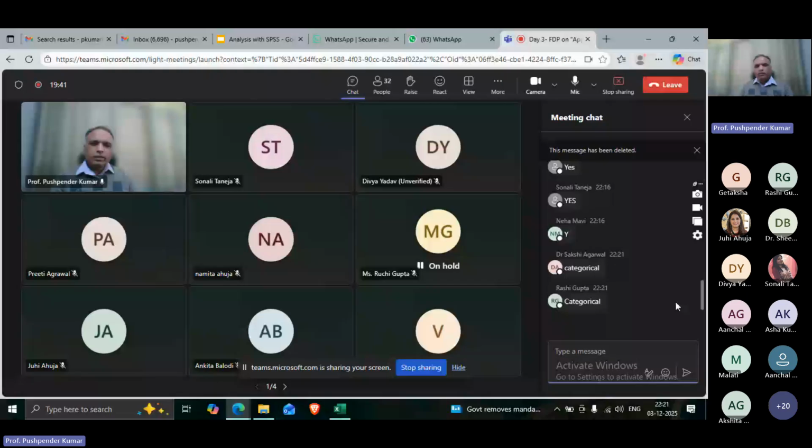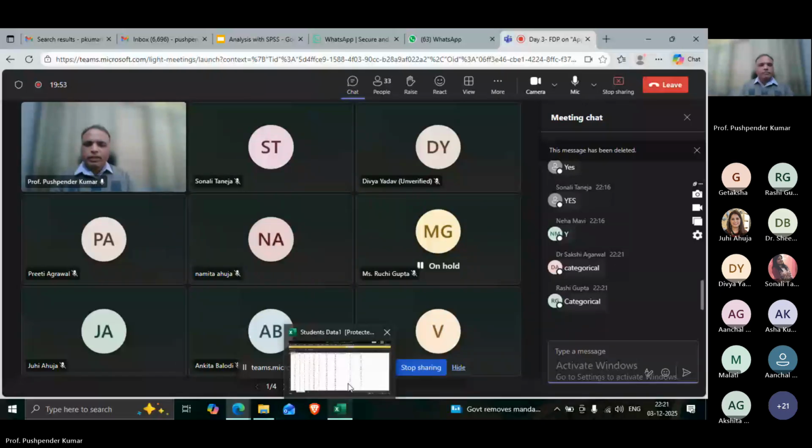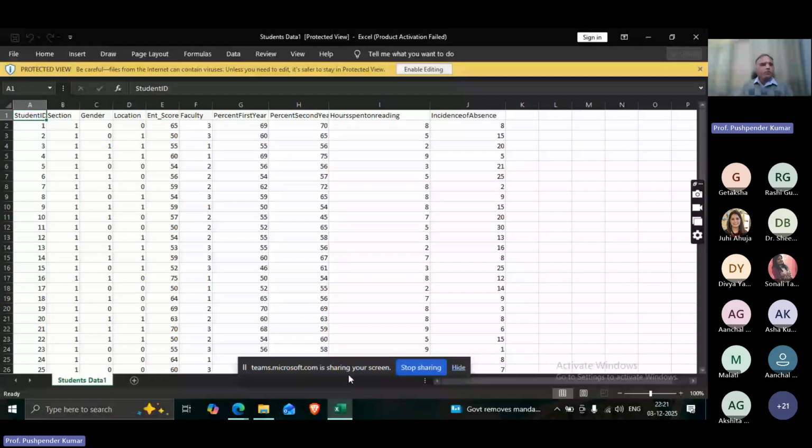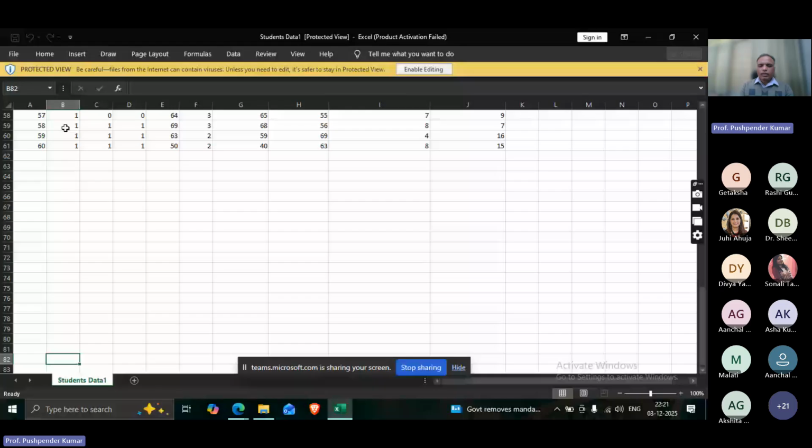Categorical. Right. So it's a 1, 2, 3. Again, a frequency, right? So how many variables we have? Let us check how many variables we have which are basically categorical. So first, student ID, just forget about that. Then the second is section, right? How many sections we have? One. Students are in, okay, all are in one section, so it's not important.